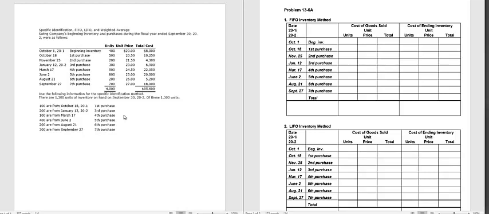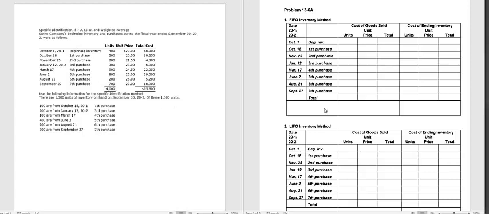Which 1,300 are we talking about? So since it's first in, first out, the first units purchased are the first ones sold. That means the ending inventory would be made up of the last 1,300 units you purchased.